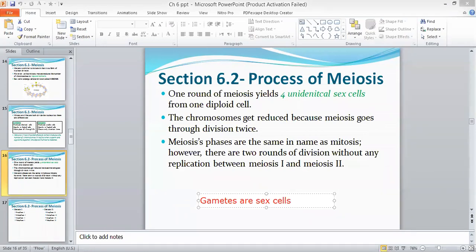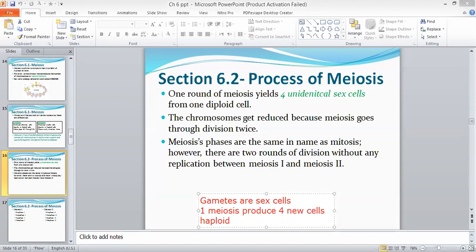The producing cells, in case of meiosis: one meiosis division produces 4 new cells, which means after a cycle of meiosis division, the producing cells will be 4, but the 4 cells are not identical to the parent cell, which means they will be haploid, but the original or parent cell is diploid.